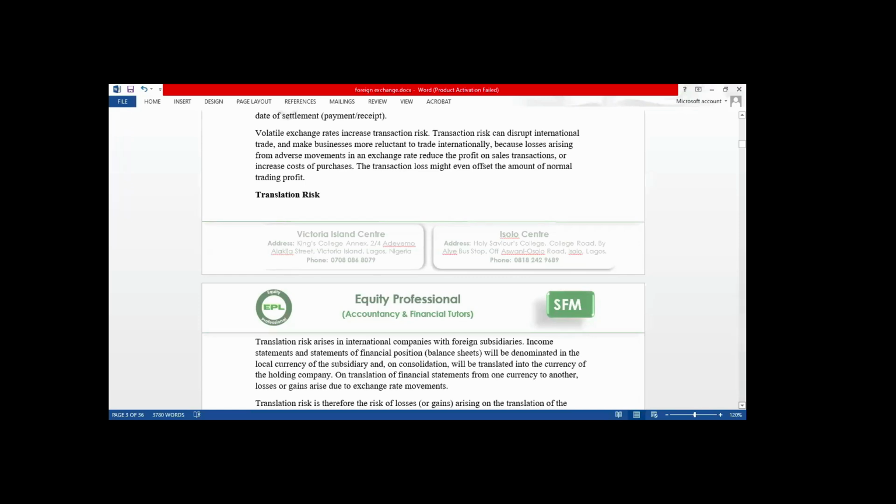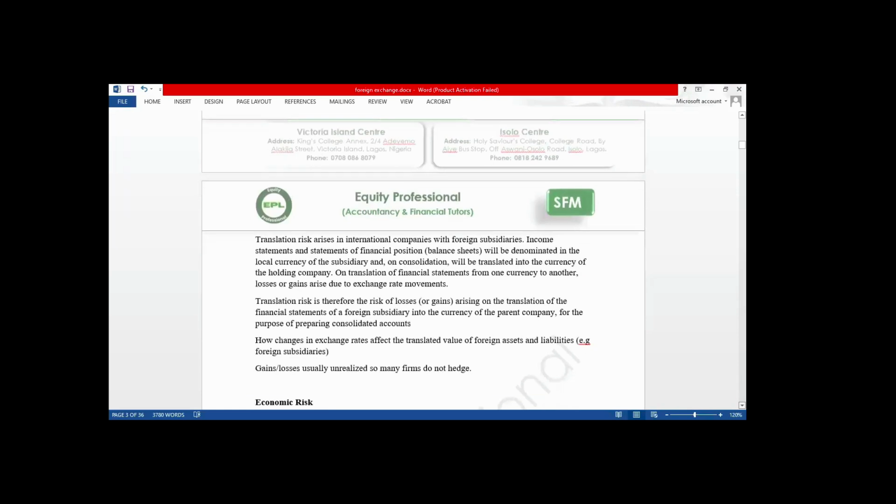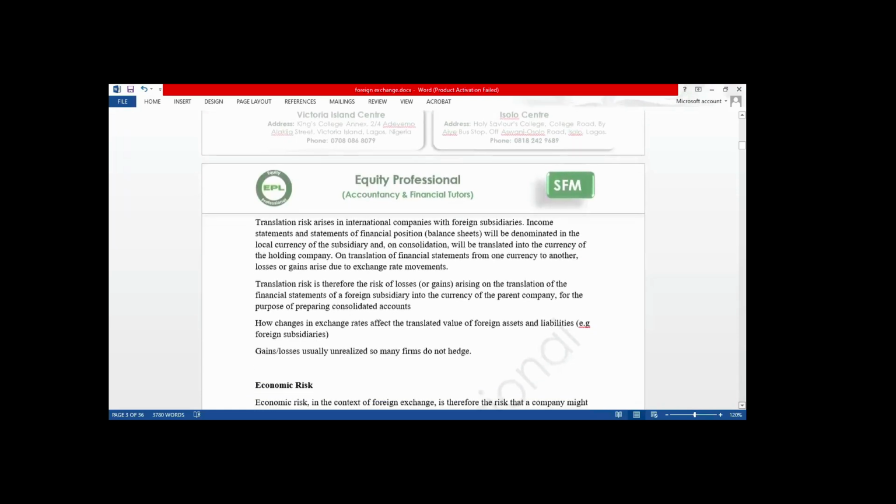This is what we refer to as translation risk. By the time you are trying to convert, to translate the liability of a foreign subsidiary to the currency of the parent, there could be risk.